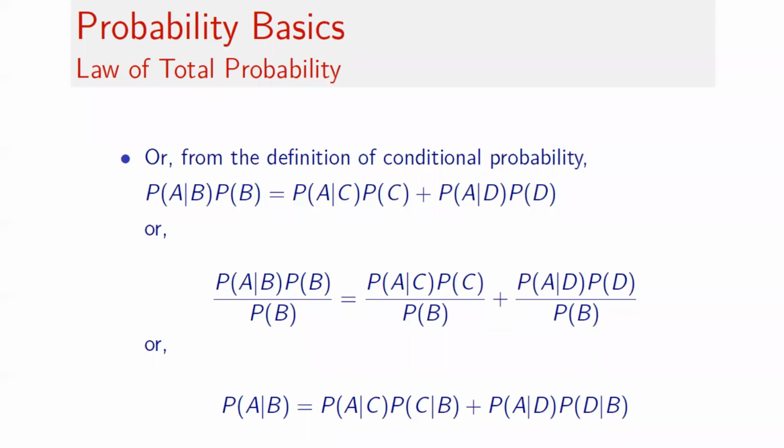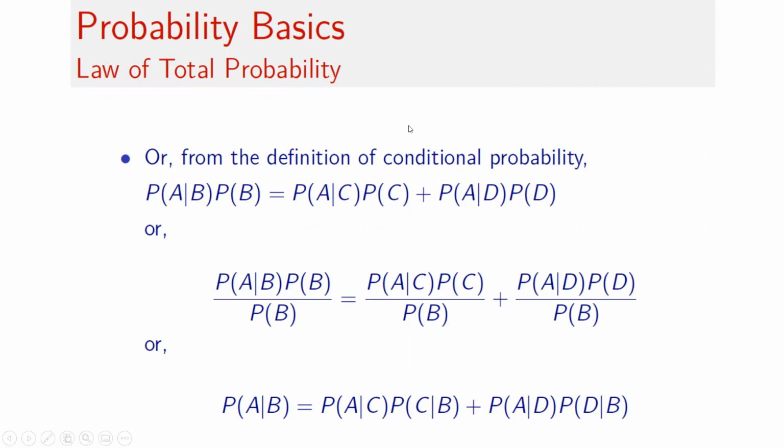And from the definition of conditional probability, we can write this equation as the probability of A given B times the probability of B is equal to the probability of A given C times the probability of C plus the probability of A given D times the probability of D. If we divide by the probability of capital B, then we get the equation shown here.